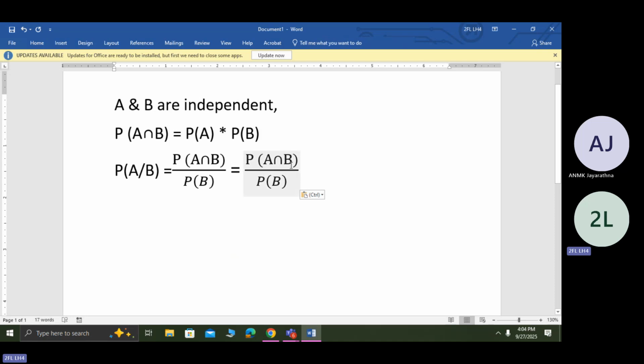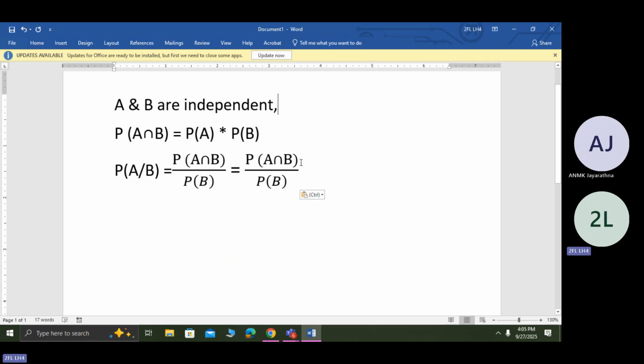Then how do we find the intersection? A into B. Why? A and B are independent. Then A, B independent කියලා දීලා තියෙනවානේ. Then when we find out the conditional probability, the numerator represents what? Intersection. Okay. Then the intersection is equal to what? Probability of A into probability of B.